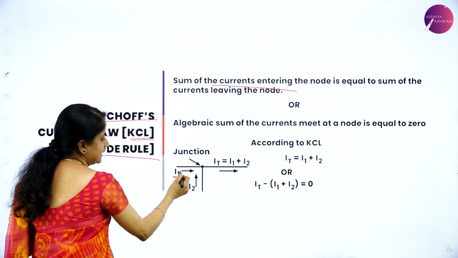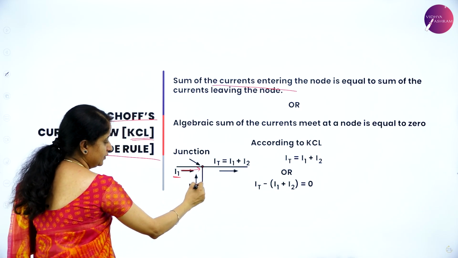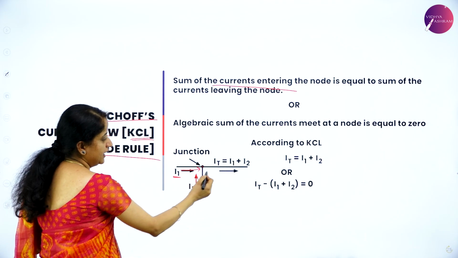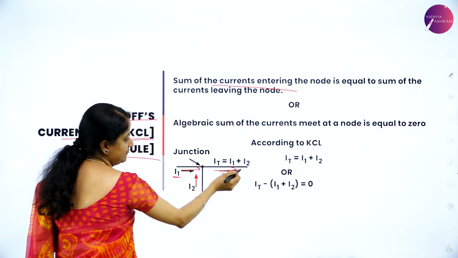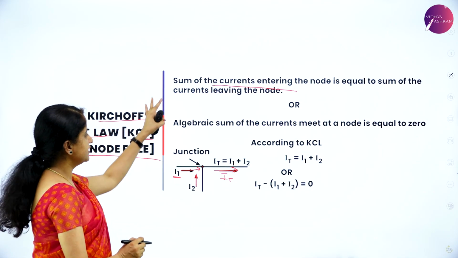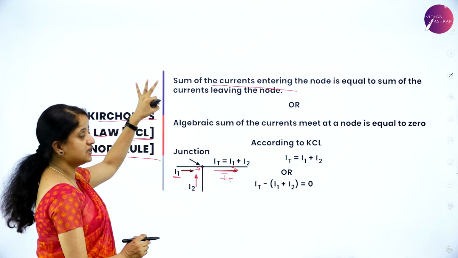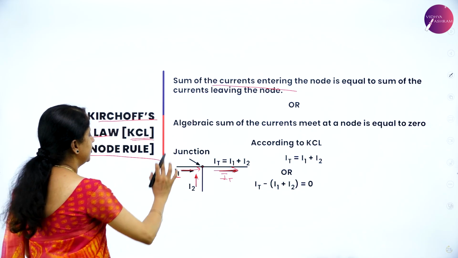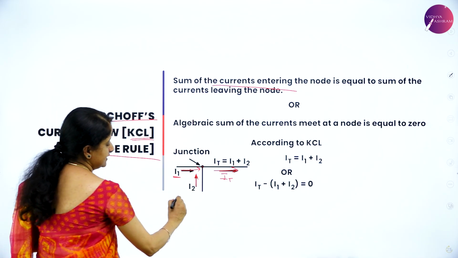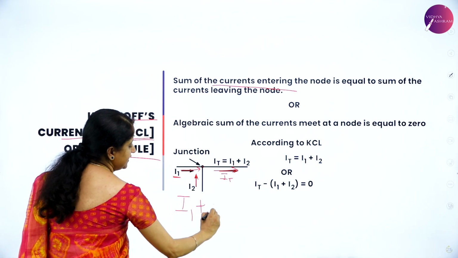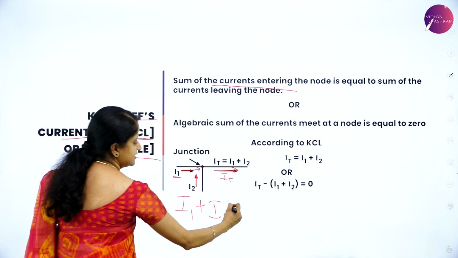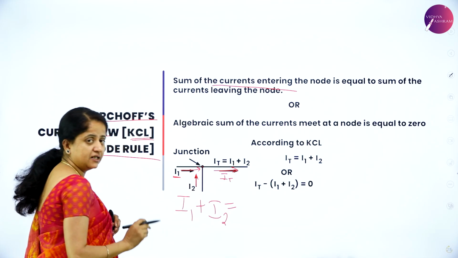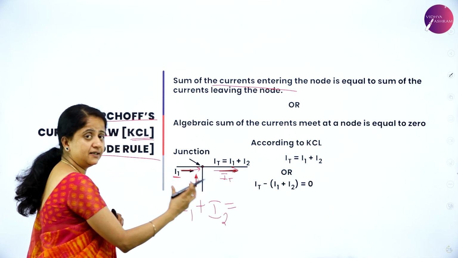Let I1 be the current entering the node, I2 is again the current entering the node, and IT, or I total, is leaving the node. According to the statement, Kirchhoff's current law states that the sum of currents entering the node, here I1 and I2, is equal to the sum of currents leaving the node, or the total current leaving the node.